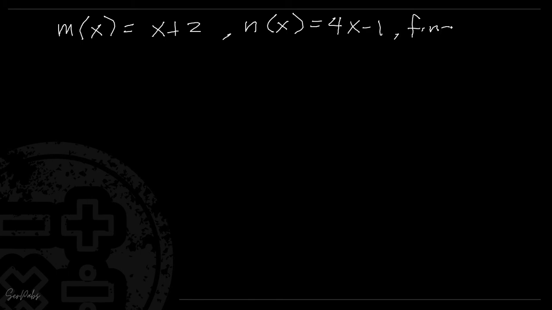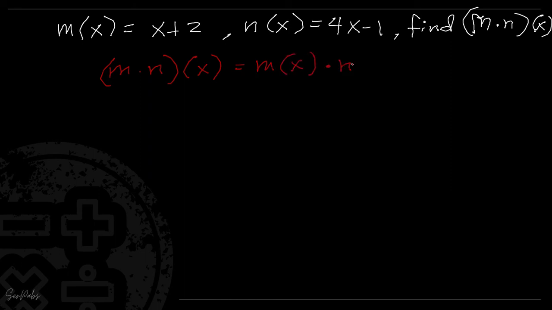So find m times n of x. Okay, so first, we will multiply the function. So we have m times n of x is equal to m of x times n of x.